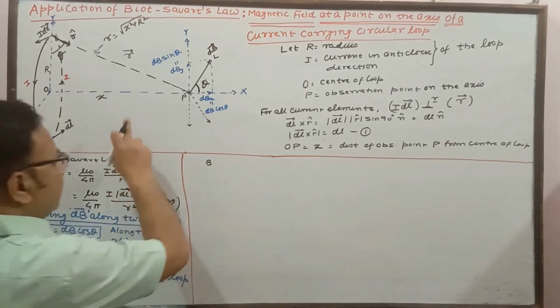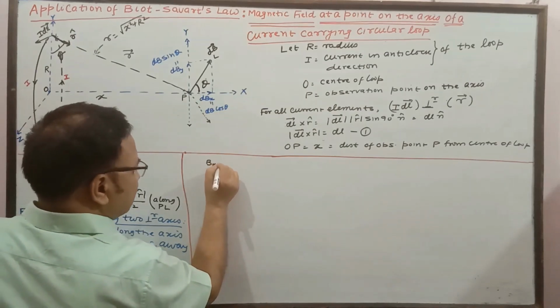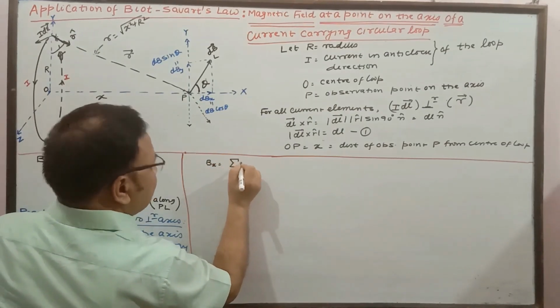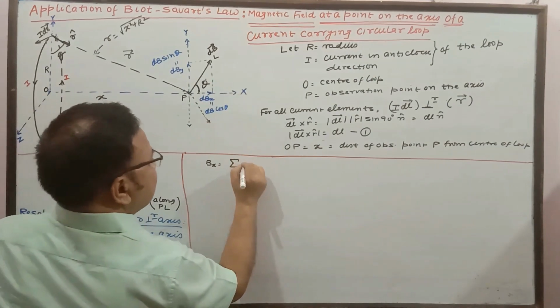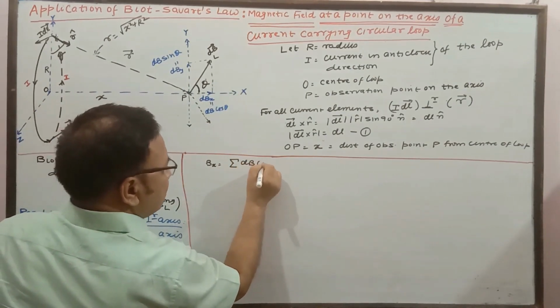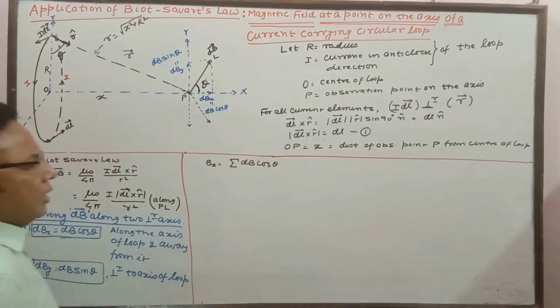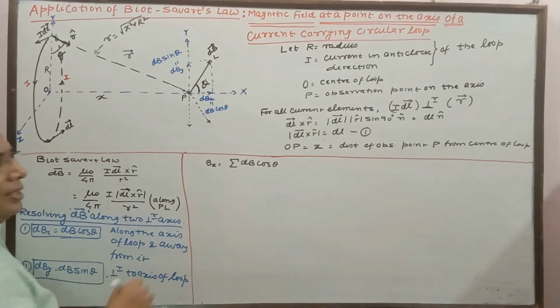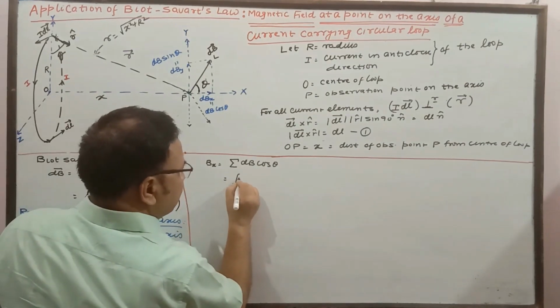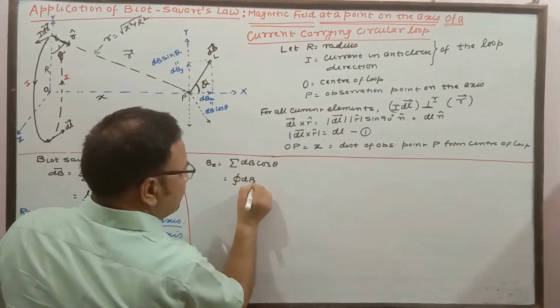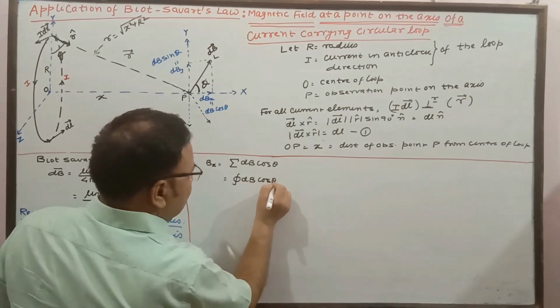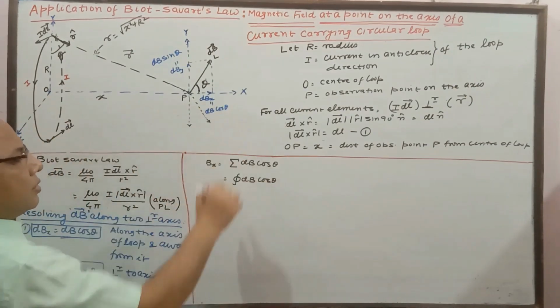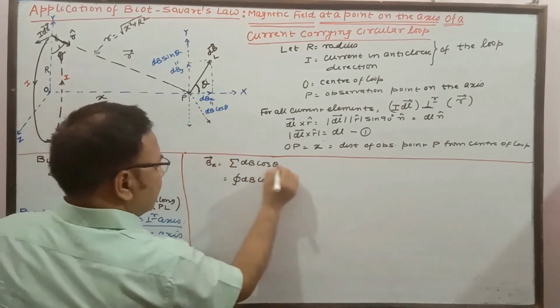So here the net magnetic field Bx is the sum of the x components of magnetic fields, that is dB cos theta. And if we reduce the length to dl, then we can write this as integration of dB cos theta, and it is along the x-axis, so we can put here i cap.